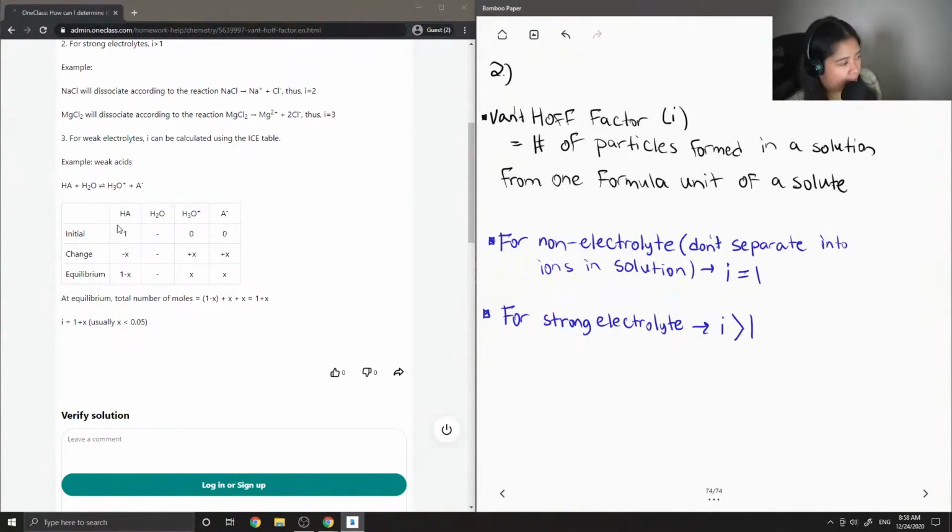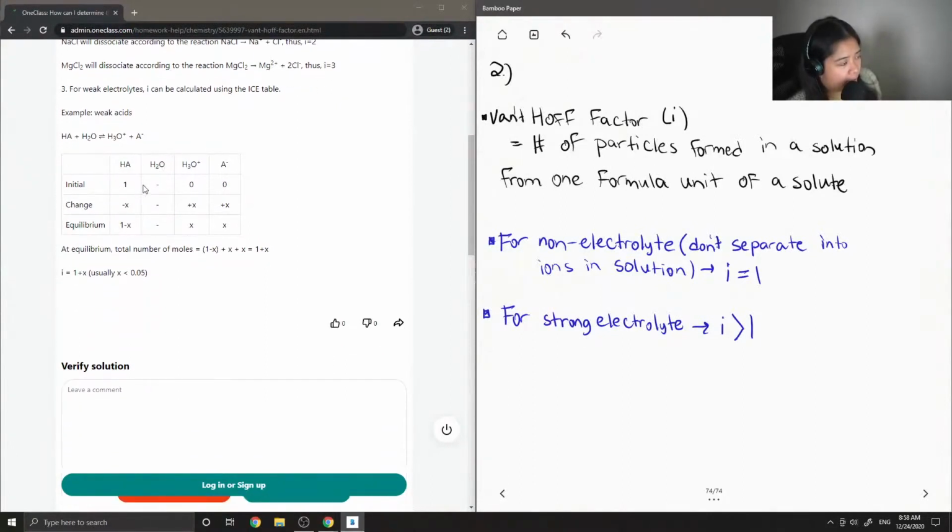So notice that the reactant starts off with a concentration of 1, and the two products start with 0 because they aren't formed yet in the initial reaction. The change is how they change in concentration, and then at equilibrium, 1 minus x for the reactant, and the products are just x.